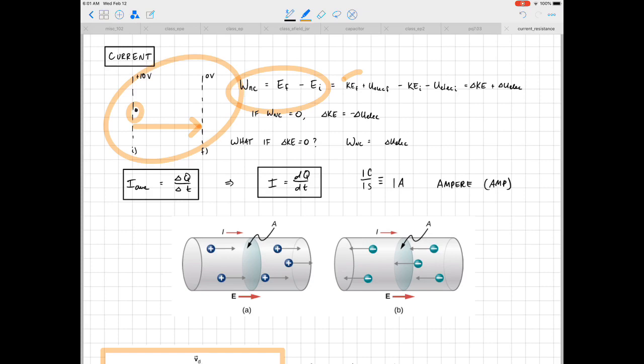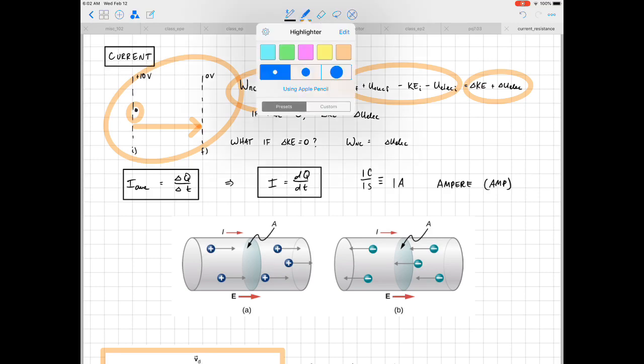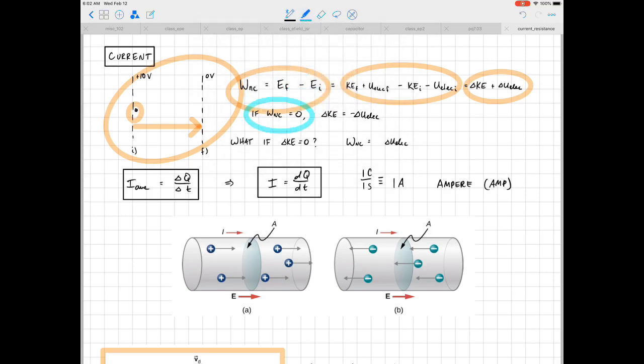If I write out the individual energy terms, I can rearrange them to write that the work done by non-conservative forces is the change in the kinetic energy plus the change in the potential energy. Where again, if the work done by non-conservative forces is 0, you get the expression we've been using, that the change in the kinetic energy has to equal the negative of the change in the potential energy.